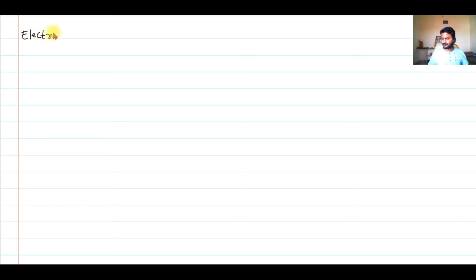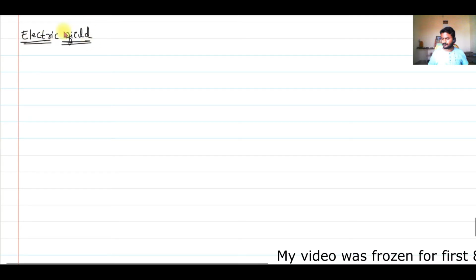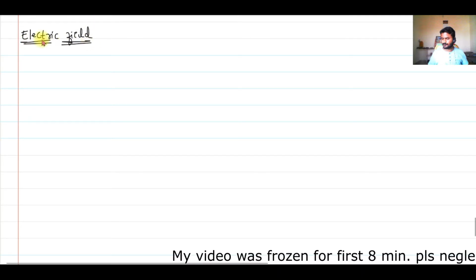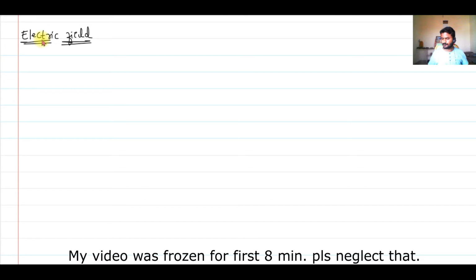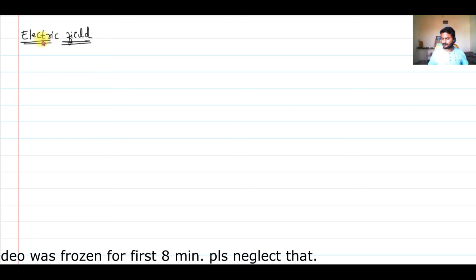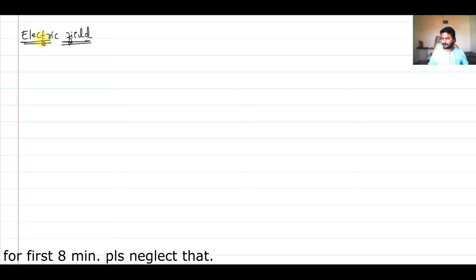Electric field. Now, electric field at a point is nothing but force experienced by a unit positive charge. Let's write that out.